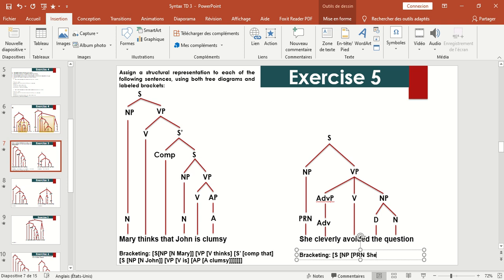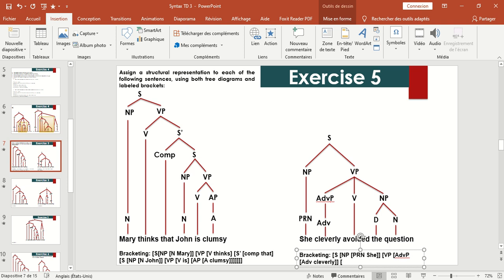We close the pronoun, close the noun phrase, and we open the verb phrase, where we have an adverbial phrase. Inside it we have an adverb, which is cleverly. Close the adverb, we close the adverbial phrase.